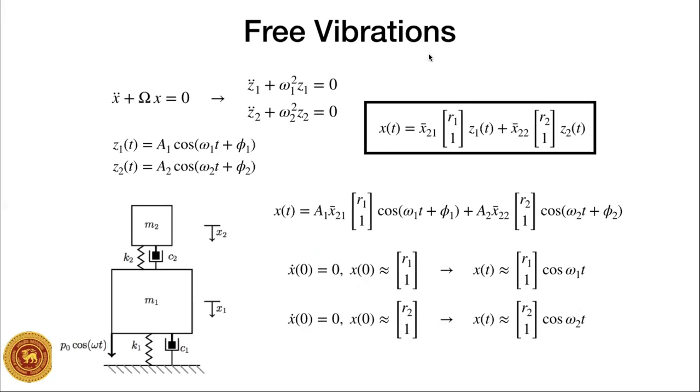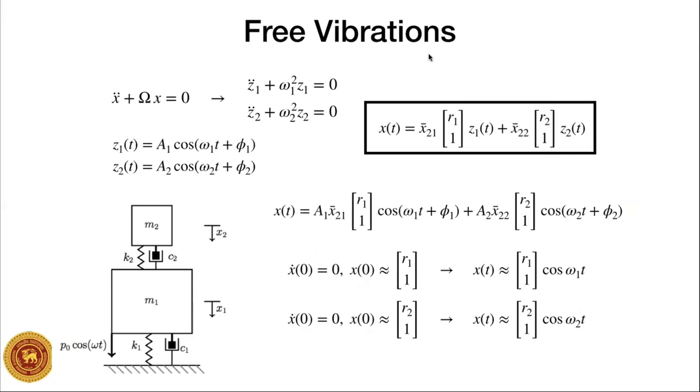Then we see that the solution is simply that, because this term will vanish. And on the other hand, if you had an initial condition that was equal to this, then the solution is that. Whereas, because this part will be zero, these terms will be zero or very close to zero.